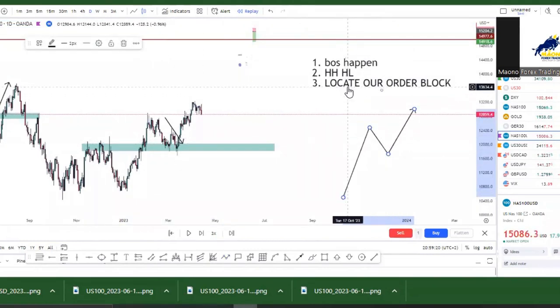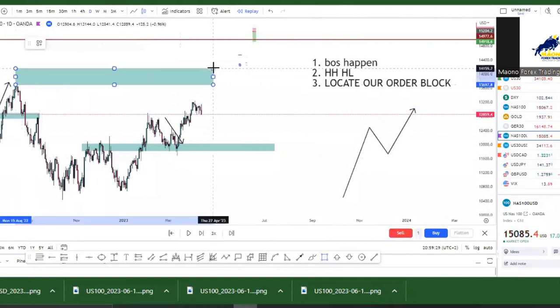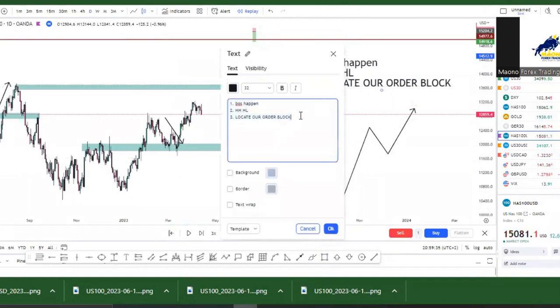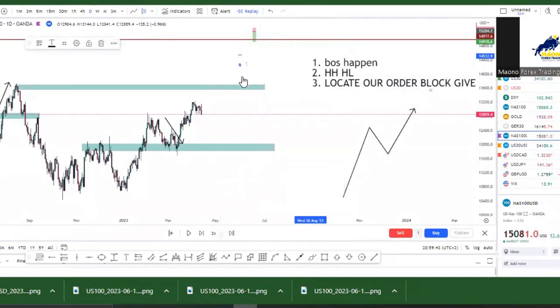Then we know higher highs and higher lows have been formed. Now you locate your order block. Why do we want to locate the order block? Because we're looking for direction. Order blocks give us direction, right? We know that the market 9 out of 10 should go and reach there.